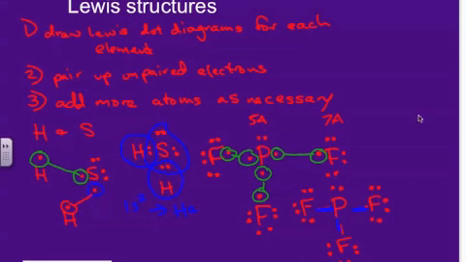So one of these single lines equals 2 shared electrons, 1 pair of shared electrons.